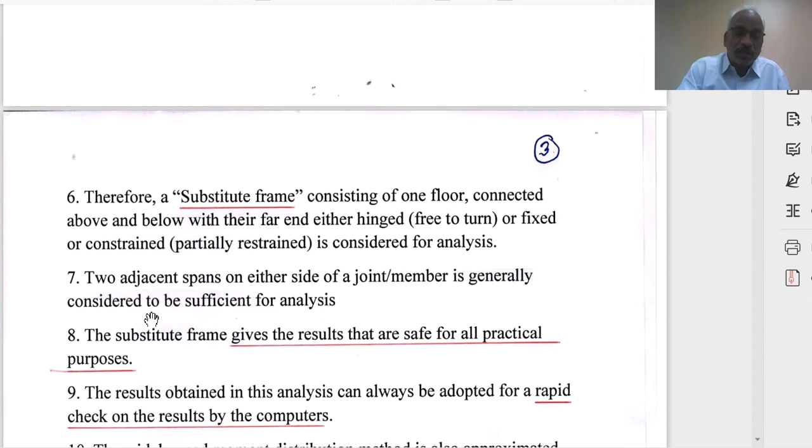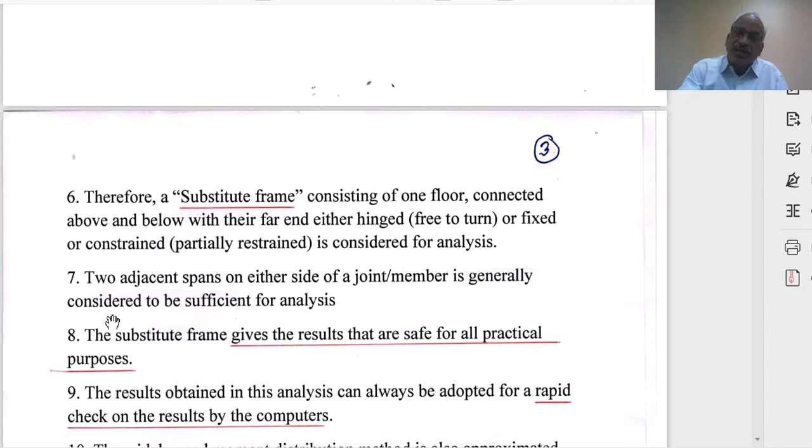So suppose you are analyzing a beam for maximum midspan moment, that span plus two spans on either side. So totally a maximum of 5 spans will be considered.